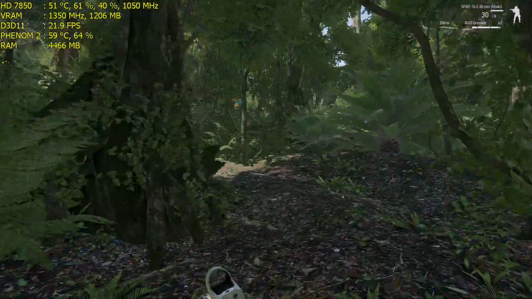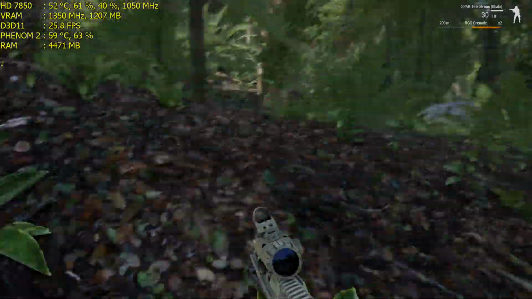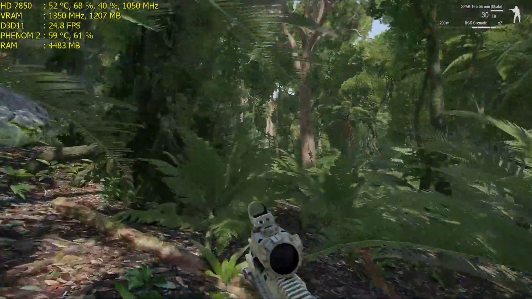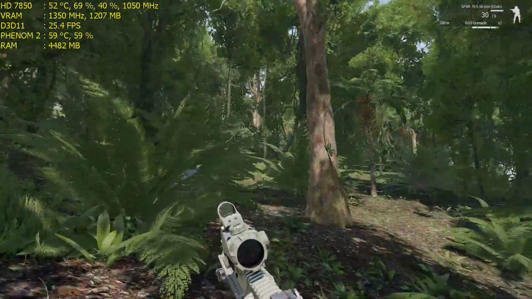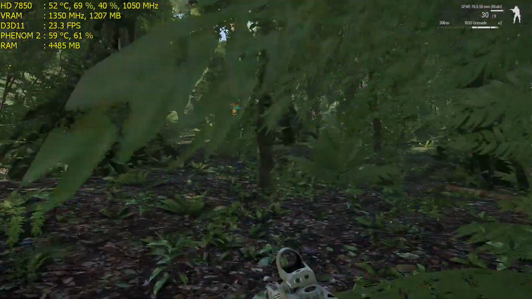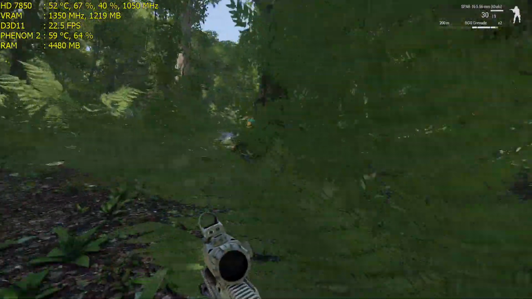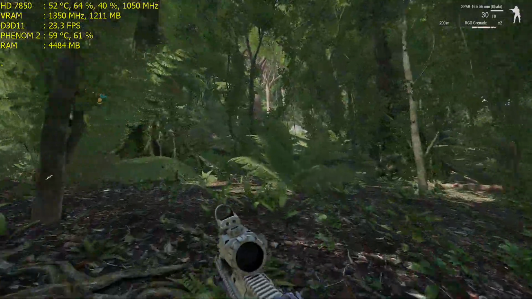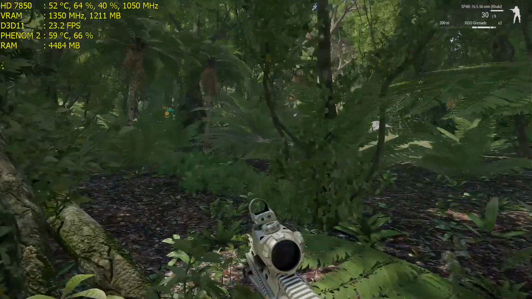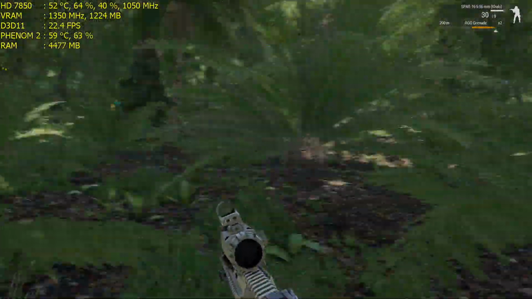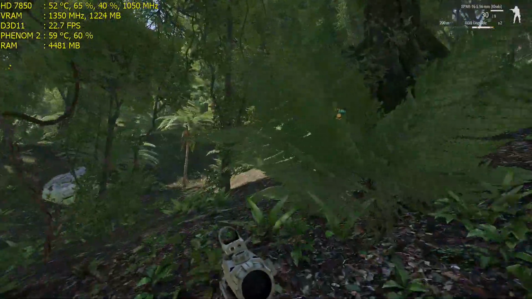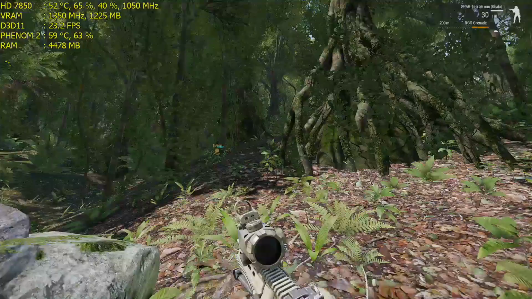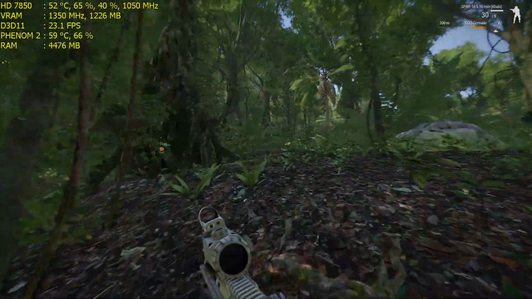But the main concern here is that if you look at this beautiful environment, you can see there is a lot of trees, a lot of grass, a lot of things. This is called draw calls. And you know, NVIDIA under DirectX 11 can push out a lot of draw calls, but AMD can't, because this architecture from AMD, this GCN architecture that has been out for 4 years right now, was made to be used by low-level APIs like DirectX 12, like Vulkan, or like the APIs from the consoles, because it was made for parallelism and not serial processing.